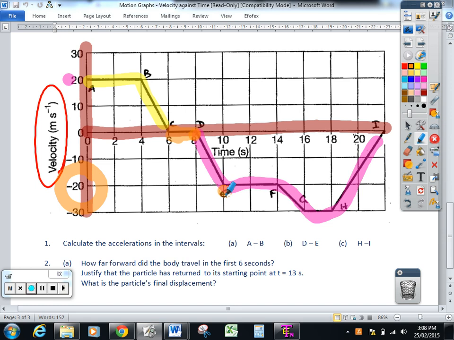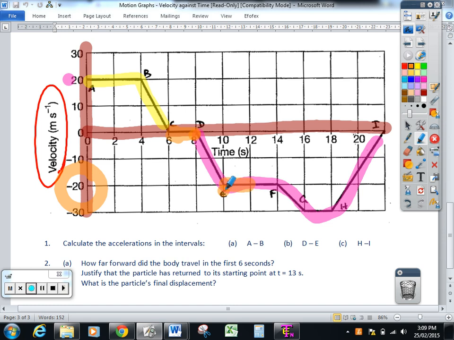So 20 metres per second backward is as fast as 20 metres per second forward. Are you okay with that? Please don't apply integer rules to this. You can't say that 20 metres per second forward is faster than 20 metres per second backward. That doesn't make sense. Okay? That's the reason why we can't use the word deceleration. It's not decelerating. It's getting faster going backward.